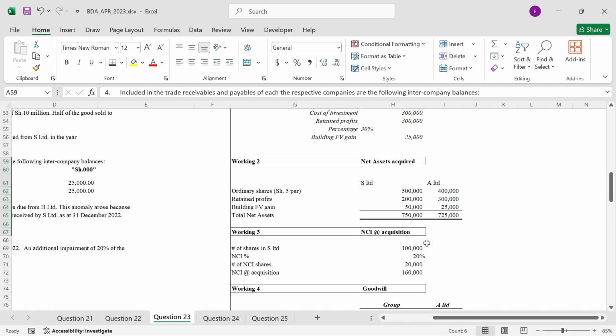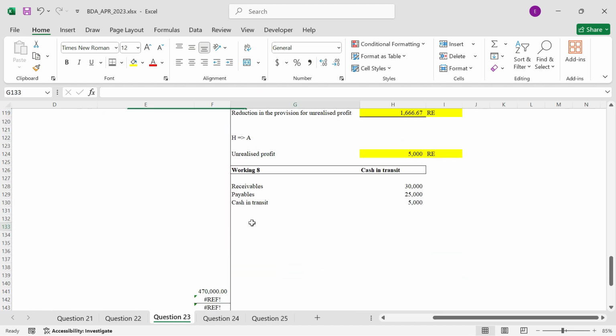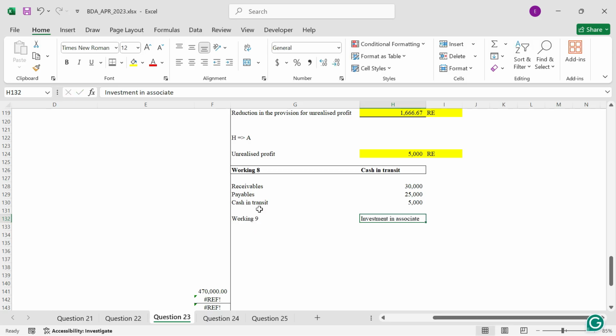Now to conclude with some final workings that will allow me to present my statement. Working 8, working 9, my investment in associates. This would be equity accounting.